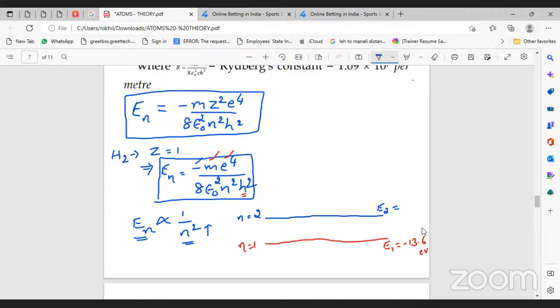So you have to divide this value by n squared. For the second orbit, it is just E1 divided by 2 squared, that is 4. So E1 divided by 4 gives minus 3.4 electron volt. This is the energy in the second orbit.